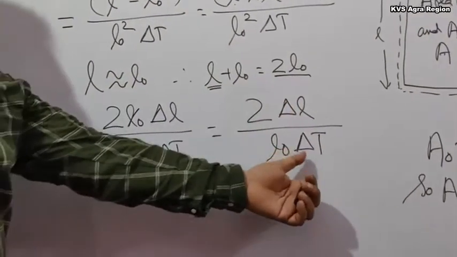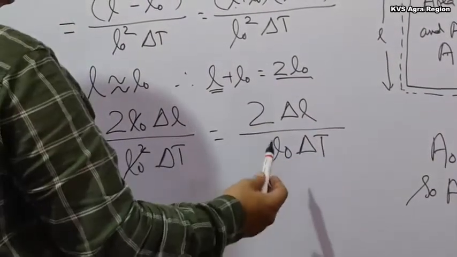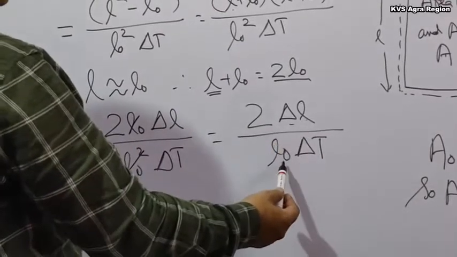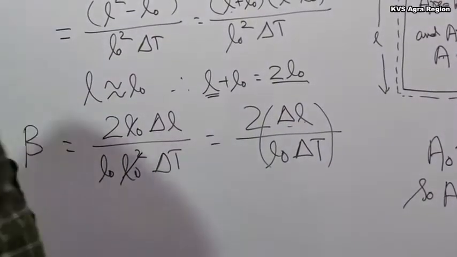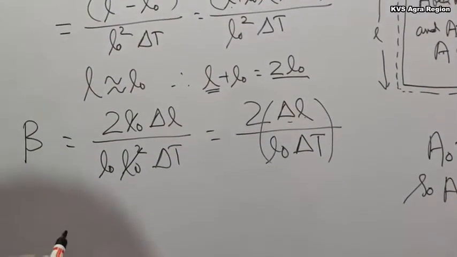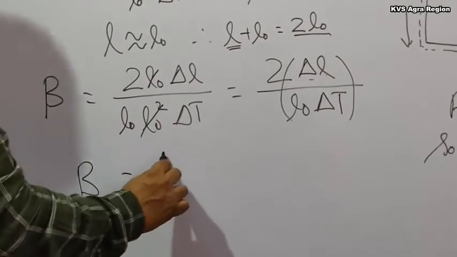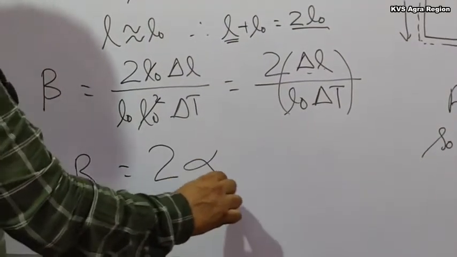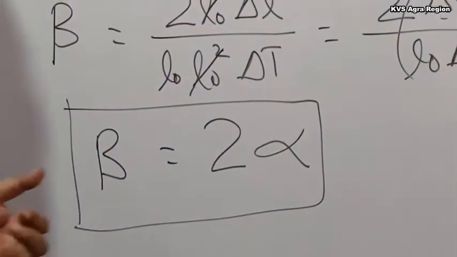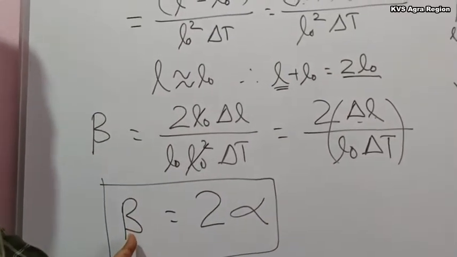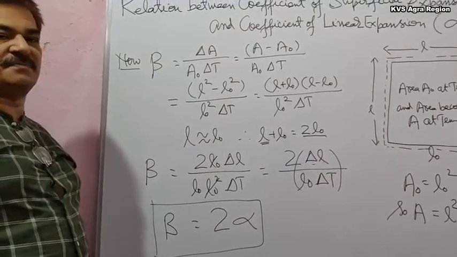Delta L upon L naught delta T is the change in length per unit original length per unit rise in temperature, and it is nothing but the coefficient of linear expansion alpha. So beta is equivalent to 2 alpha. So this is the relation between the coefficient of superficial expansion and the coefficient of linear expansion.